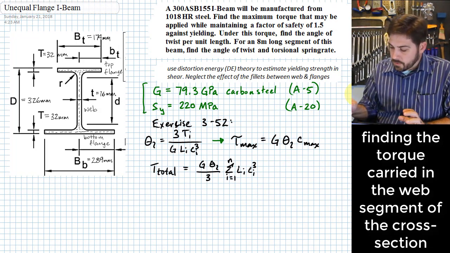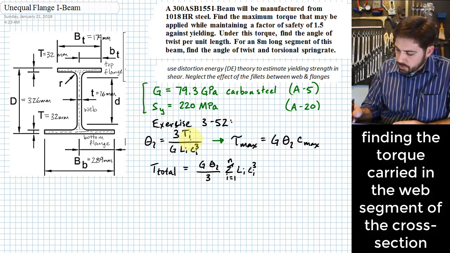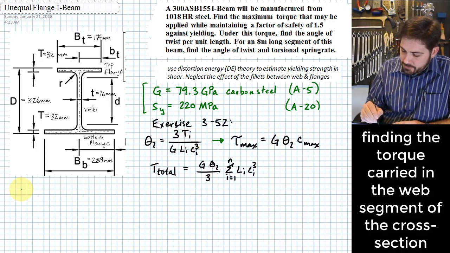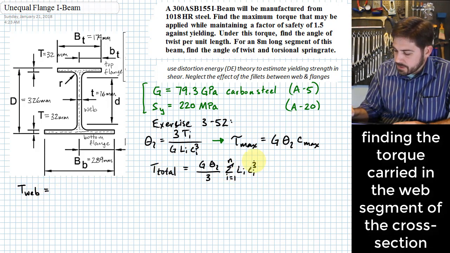All right, so in this next step, we're going to calculate T sub i. Instead of calling it T sub i, for the first one that I'll look at, it is the torque carried in the web. The torque carried in the web is going to be equal to an expression that looks a lot like this, only we don't need the summation because we're just going to do it for each segment one by one.